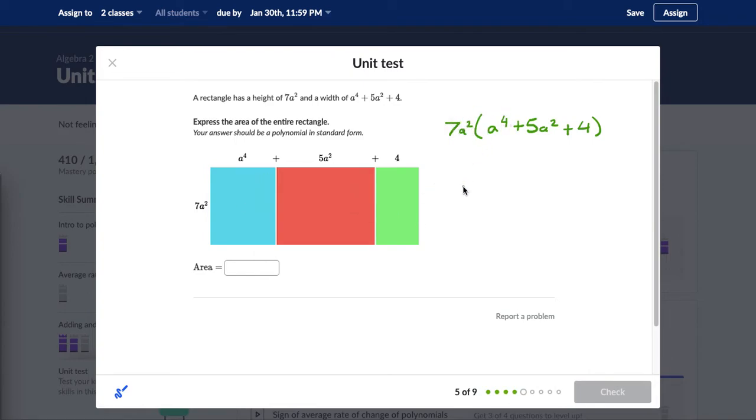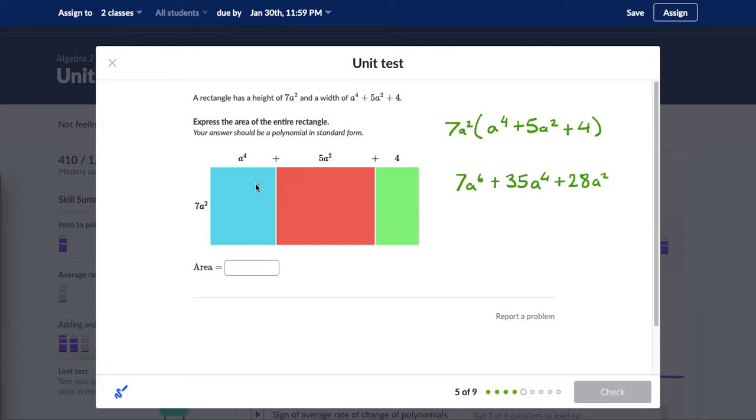So 7a squared times a to the 4 is going to be 7a to the 6. 7a squared times 5a squared is plus 35a to the 4. 2 plus 2 is 4, right? And then 7a squared times 4 is 28a squared, and that's what we're looking at right here.